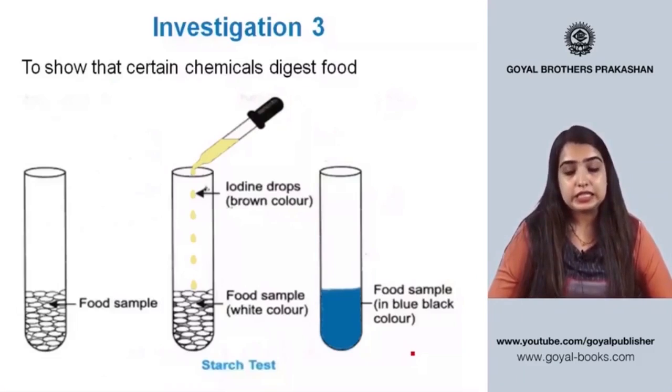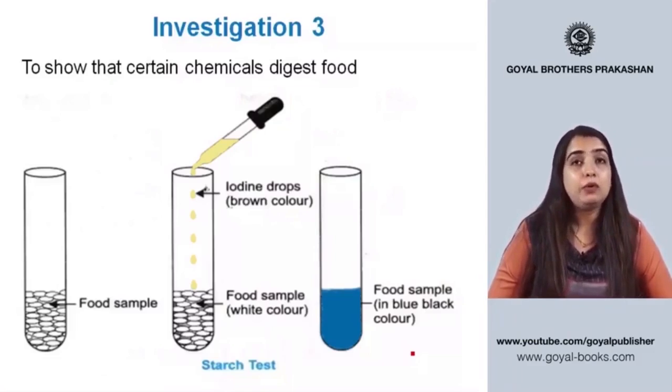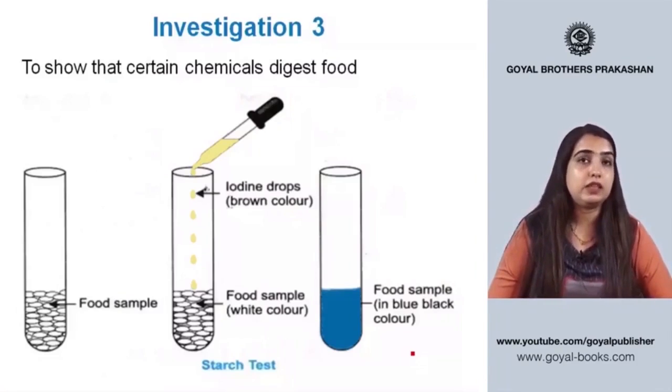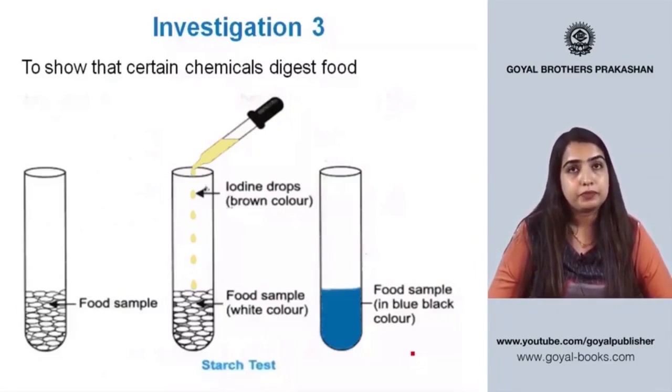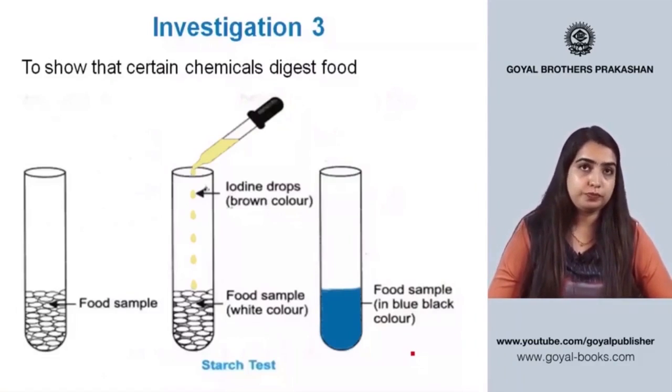Now to show that certain chemicals digest food, again take a test tube with some pieces of potato tubers and now add the enzyme amylase. You can get that in the form of a solution. Once you do that, leave it undisturbed for some time, let's say 30 minutes or an hour. After this time has passed, again put some drops of iodine solution in this test tube.